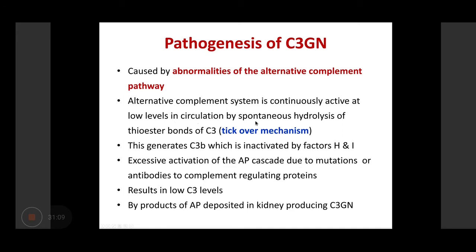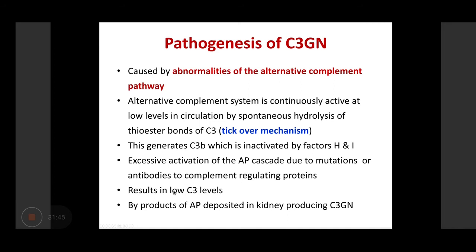This low level of activity is caused by spontaneous hydrolysis of the thioester bonds of C3, and this is called the tick-over mechanism. As we know, C3 breaks up to form C3a and C3b, and the C3b then goes back again to further cause breakdown of C3. So to prevent this cascade from developing, the body has its own mechanism, that is, this C3b is inactivated by factors H and I.